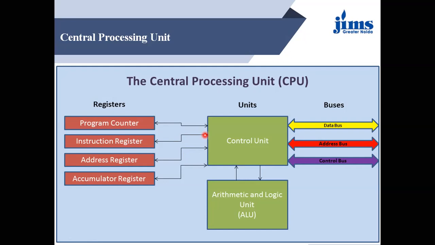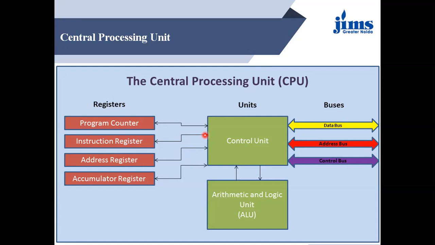By analogy with the human being, everything is controlled from the mind of the human. In computers, everything is controlled by the central processing unit. This is the reason it is also called the heart of a computer system.